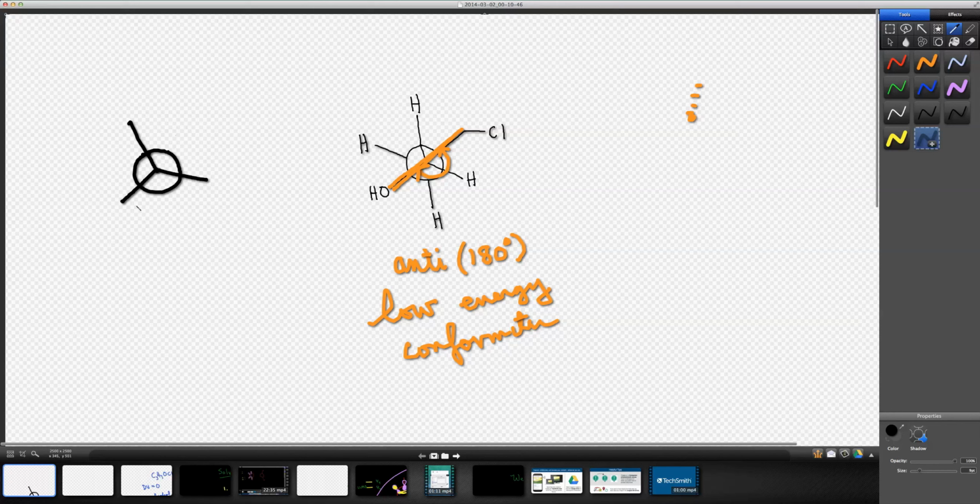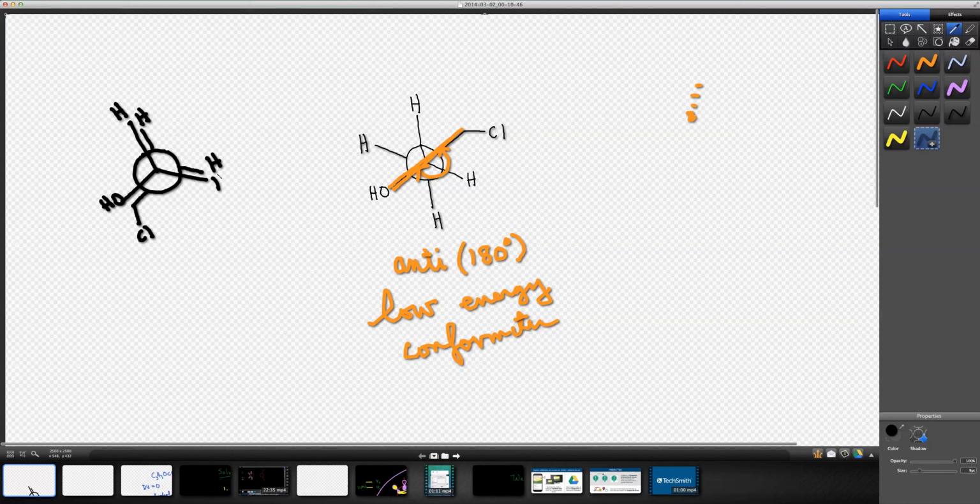And when the largest groups have a zero dihedral, we're going to call these eclipsed. So remember, we have an OH, and then now we have a CH2Cl. These biggest, bulkiest atoms are going to clash with one another. And at all other positions, we have hydrogens.